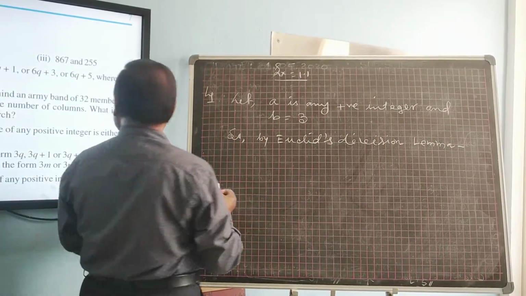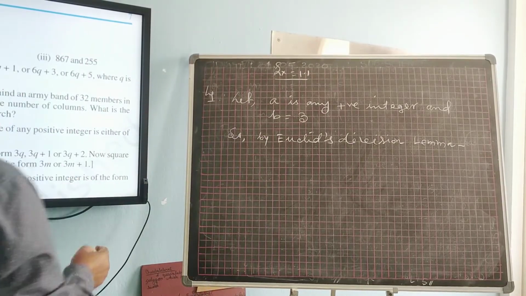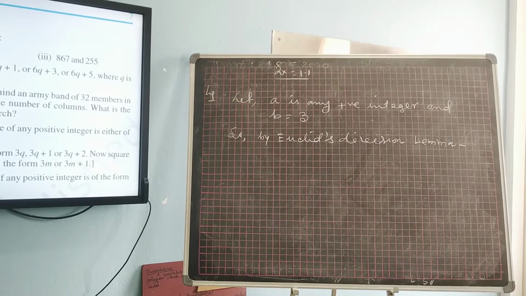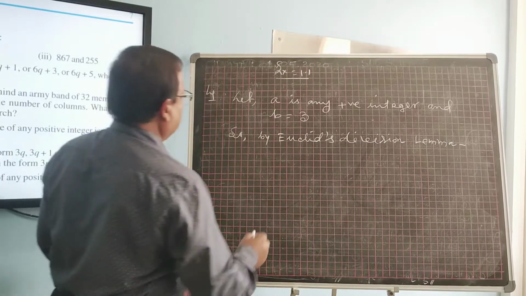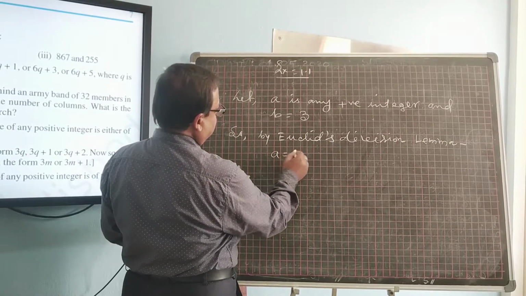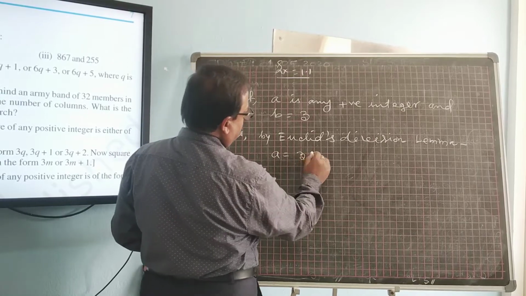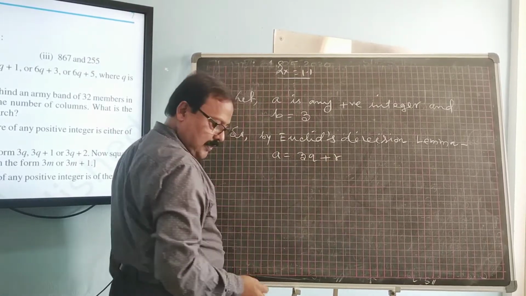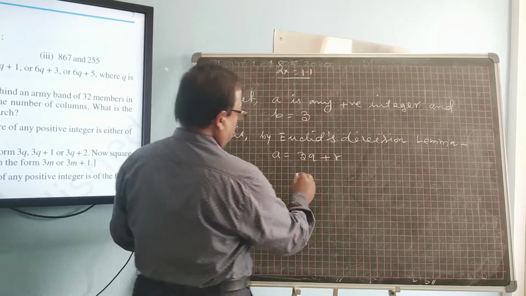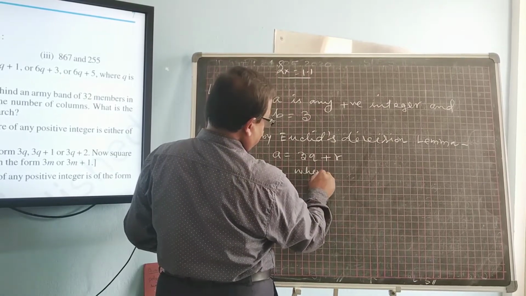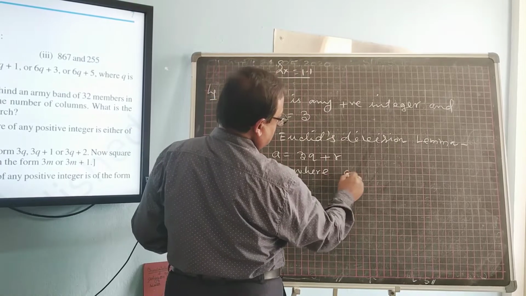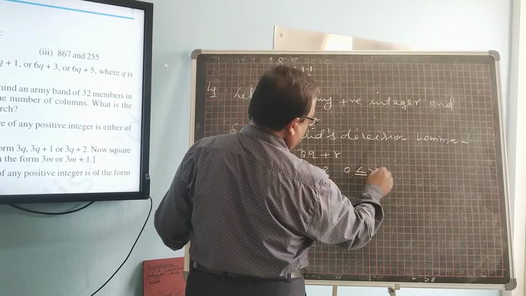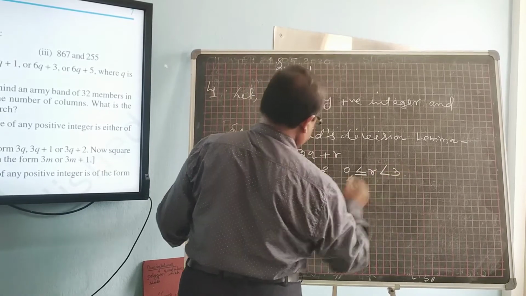a equal to 3q plus r, where 0 less than or equal to r less than 3.